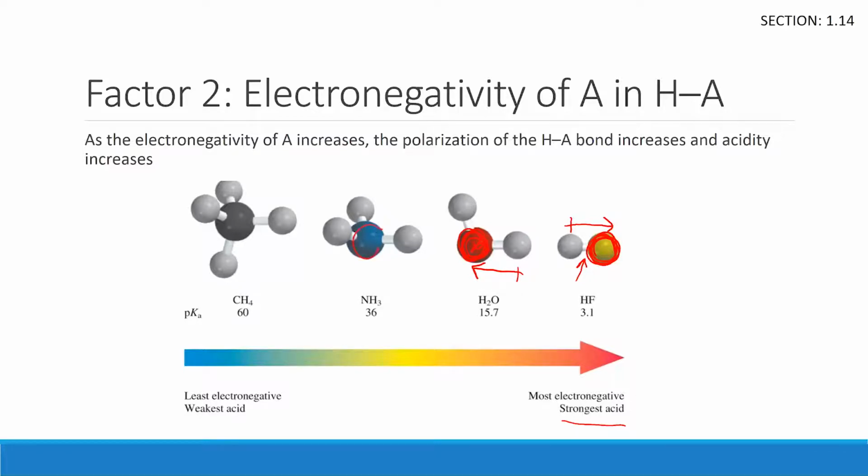Nitrogen is electronegative, but it's slightly less than oxygen and much less than fluorine. And carbon, compared to hydrogen, is still more electronegative, but again, the electronegativity is less so. And you can see as you make the partner more electronegative, we're going to increase the strength of the acid.